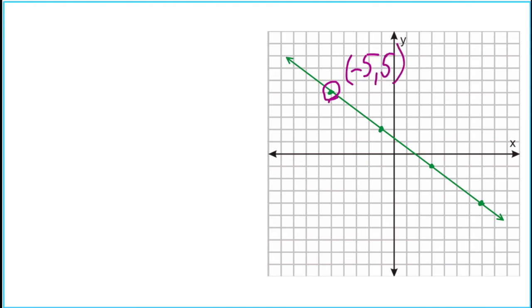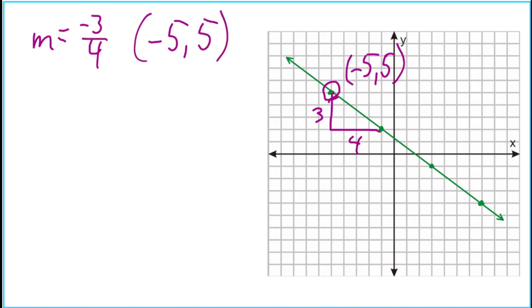And my slope, I'm going down 3 over 4. So my slope is -3/4. And the point I go through is (-5, 5).